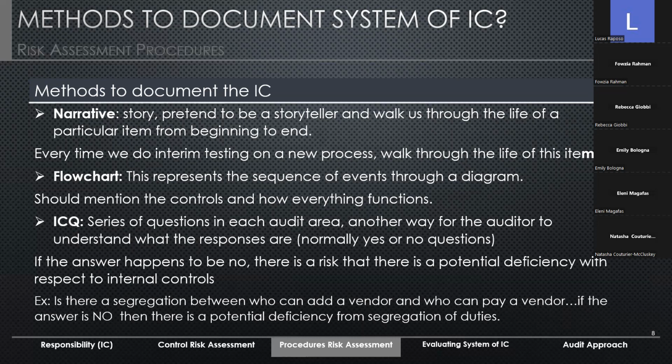And then the flowchart, this is where you really draw it, like you did in COM, was it Lucidchart, COM 225, something like that. And then there's the ICQ, which is a set of questions that you answer either yes or no. Like, is there any deficiency? Let's say, are there 2 people doing the cash account and the journal entries, or is it just 1 person? If it's 1 person, yes. If it's no, then that's how you would assess it.